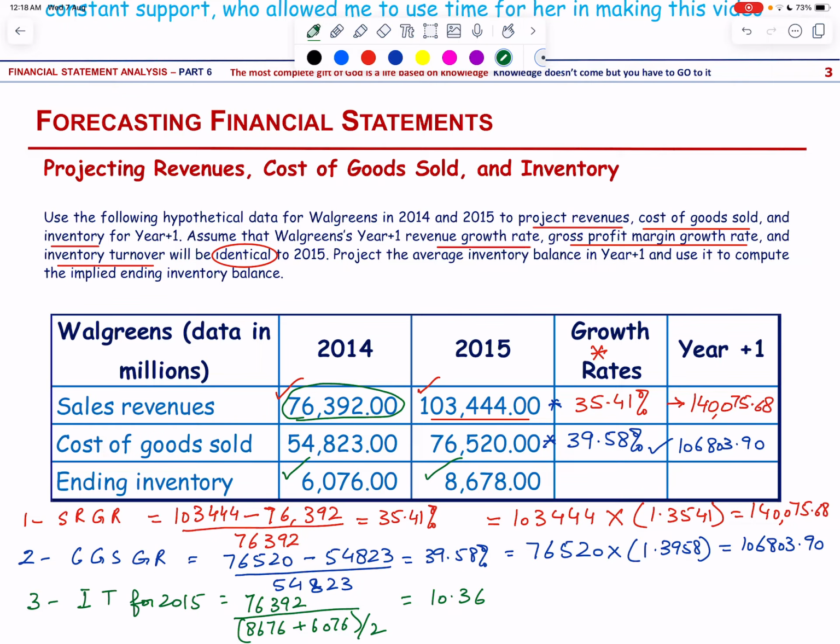Okay, now from this we can project the average inventory.